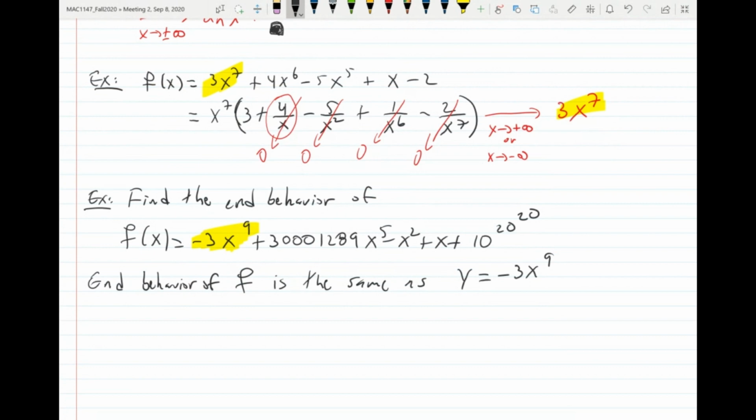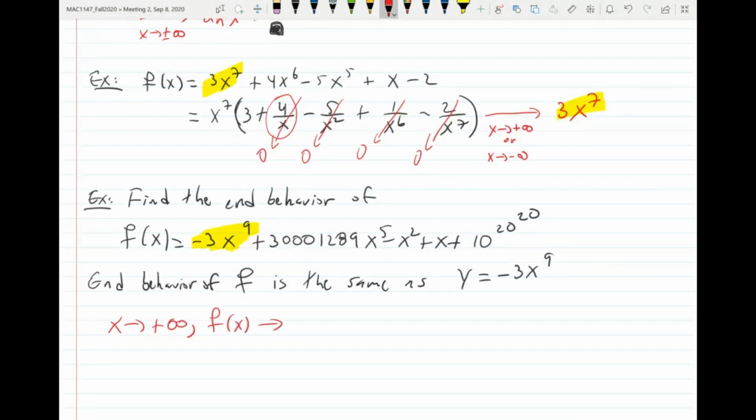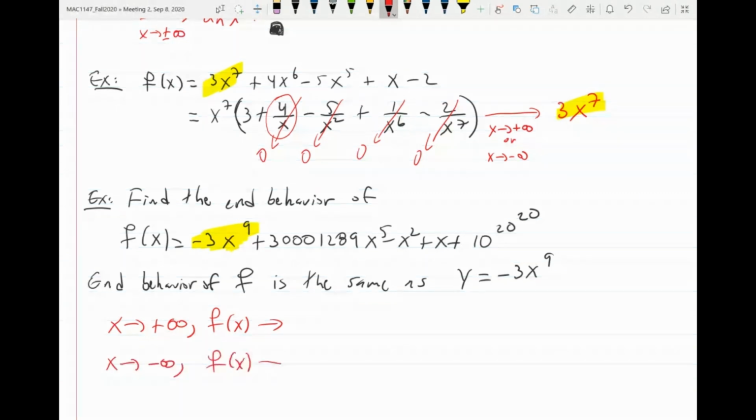Now let us analyze this power function. So when x approaches positive infinity, what can we say about the power function? And therefore, what can we say about f? And when x approaches negative infinity, what can we say about the power function? And therefore, what can we say about f? My advice to you is do a quick sketch of how the power function looks.